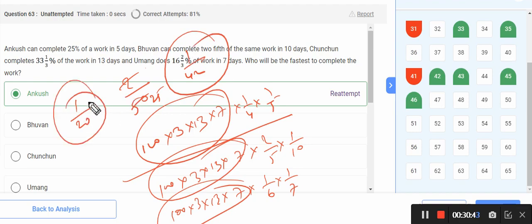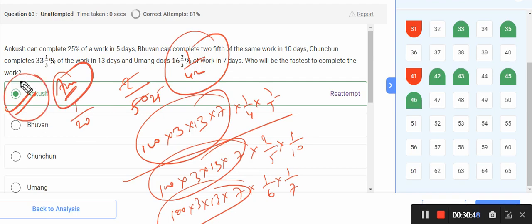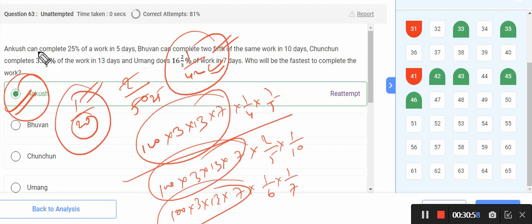So the highest efficiency is of Ankush, so Ankush will complete the work faster, because the higher the denominator, the lower the efficiency. So Ankush has the lowest denominator, so Ankush will finish the work fastest, right?